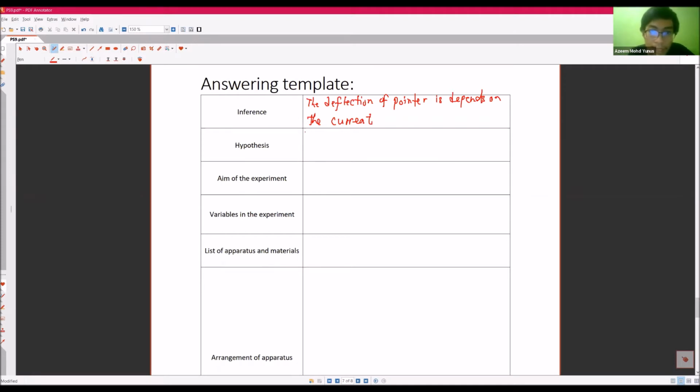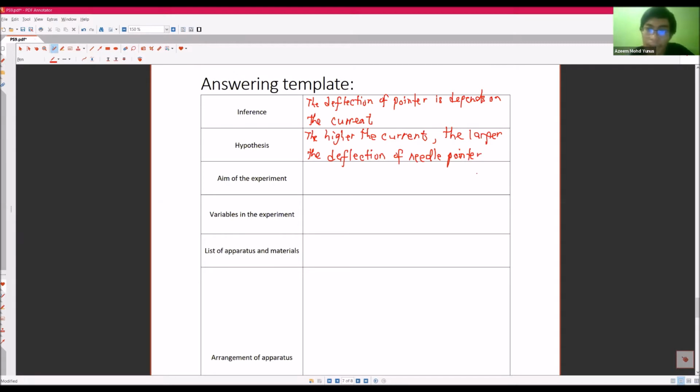Hypothesis: the higher the current, or magnitude of current, the larger the deflection of the needle pointer.